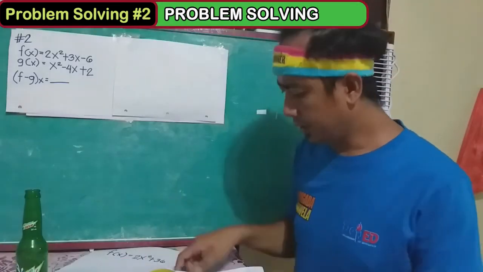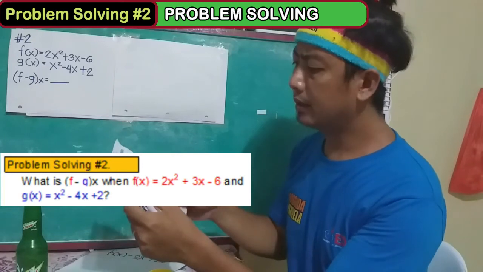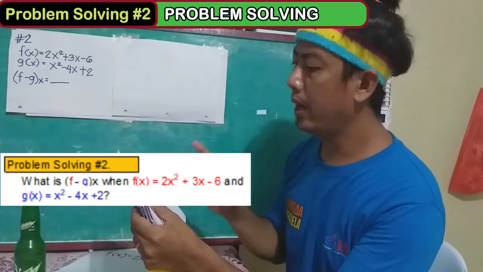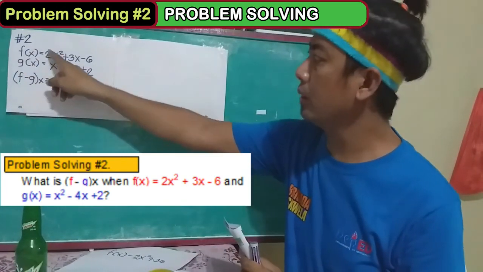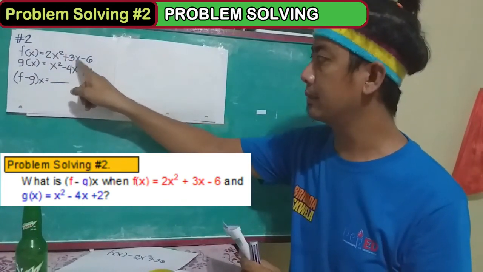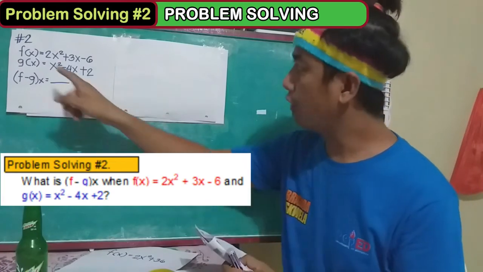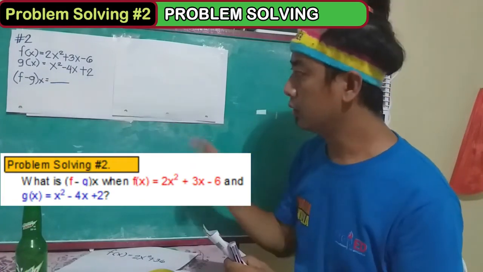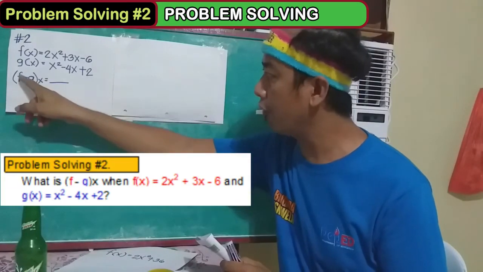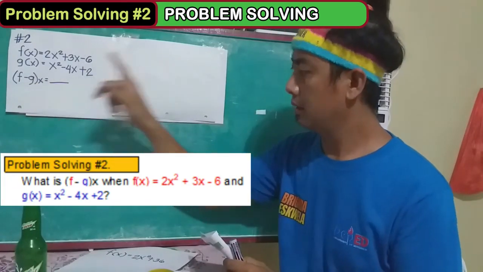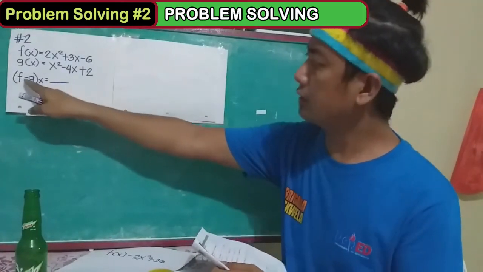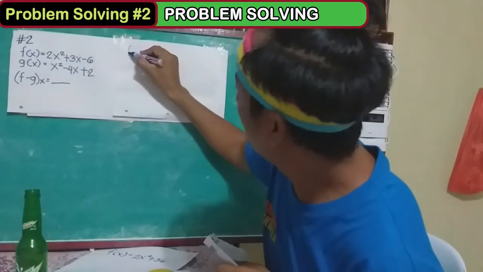Number 2. Dito sa number 2, what is function of f minus function of g when function of f is equal to 2x squared plus 3x minus 6 and function of g is equal to x squared minus 4x plus 2. Ang hanapin natin dyan is yung function of f minus function of g.